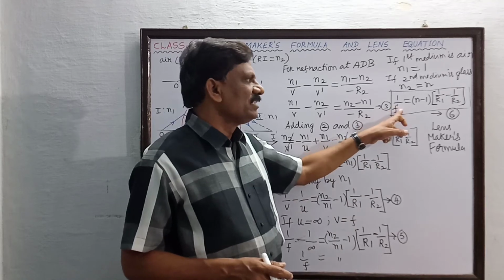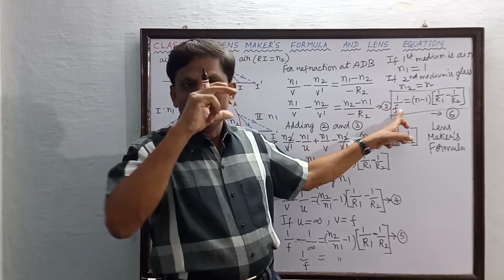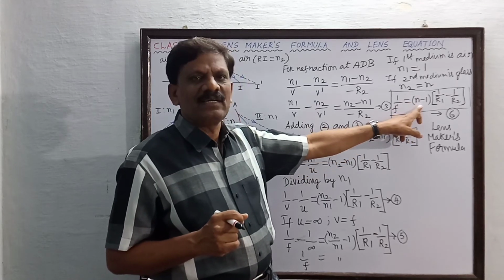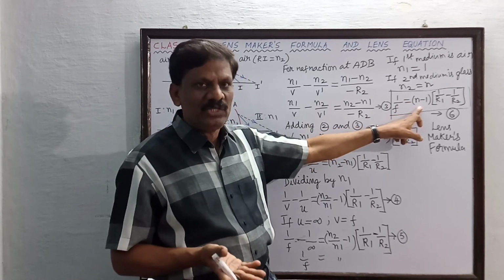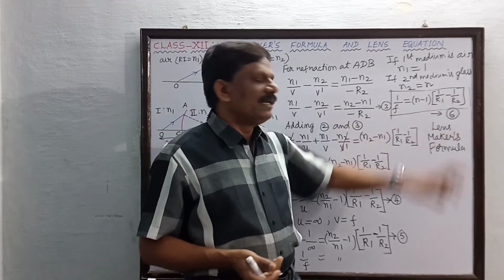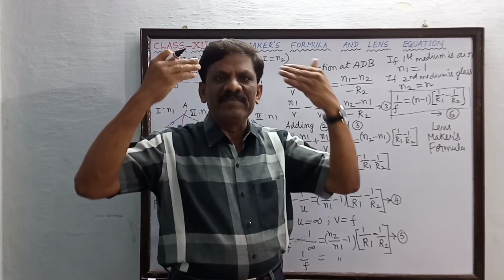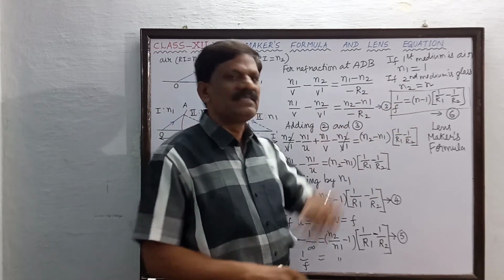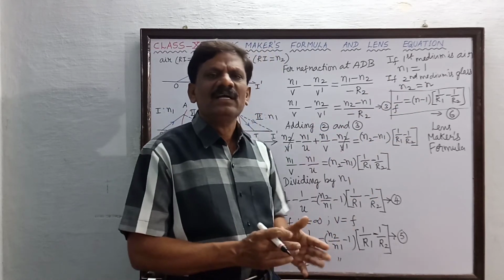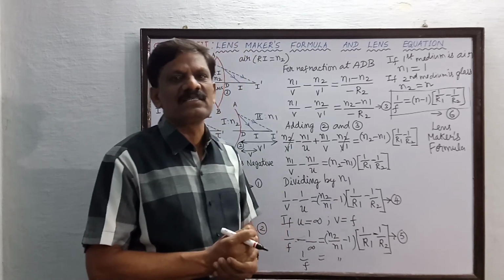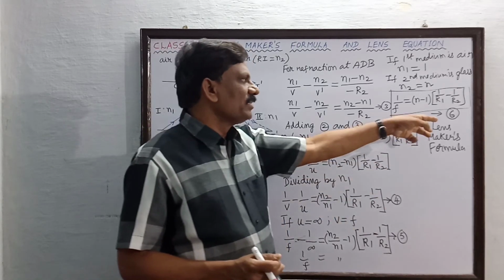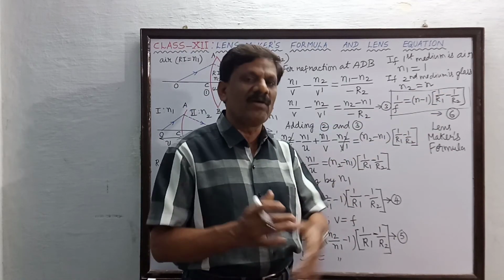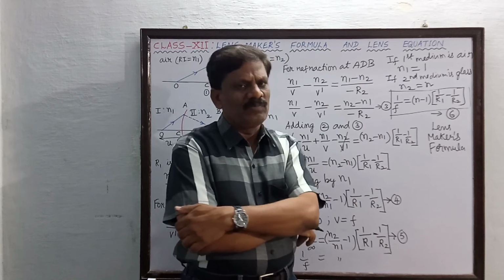He should know the relationship between the focal length of the lens used for the goggles, the refractive index of the glass, what type of glass he uses, and the radii of curvature of the two curved surfaces. Since equation 6 relates the focal length and the radii of curvature of the lens, this equation 1 by f is equal to n minus 1 into 1 by R1 minus 1 by R2 is called the lens maker's formula.